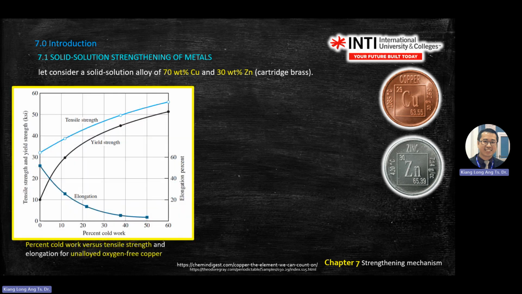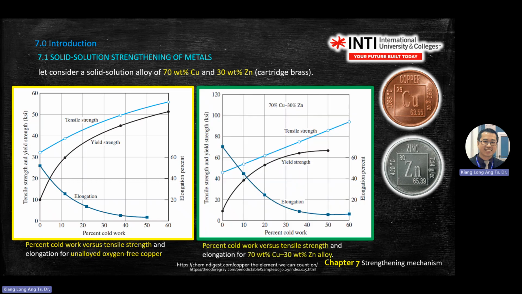Okay, so let's say we mix 70% copper, 30% zinc. And you're seeing the two graphs here. One is tensile strength and yield strength. So black color one is yield strength. Blue color, light blue is tensile strength, and a little bit dark blue is elongation.